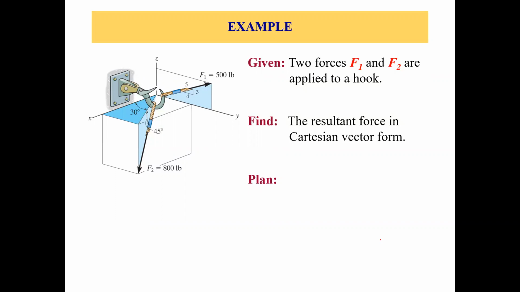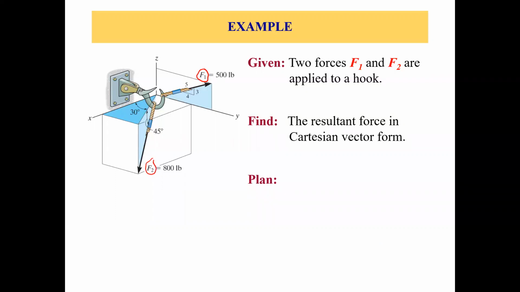Now, let's do an example problem just to know more about this Cartesian space in 3D system. Okay, so on the left side of the screen, you can see this figure where you have this hook, and there are 2 forces, F1 and F2, acting on this hook, right? So this is F1, which is 500 pounds.